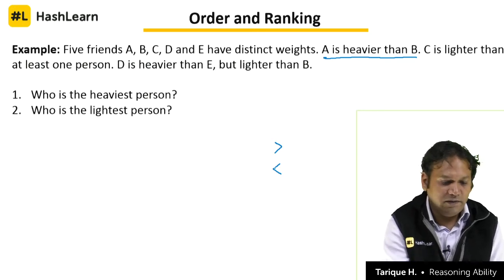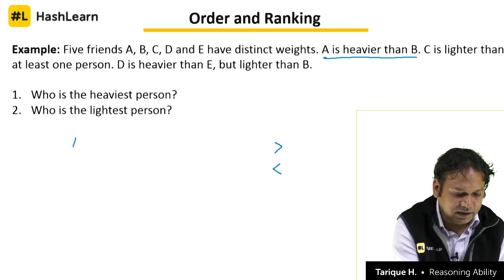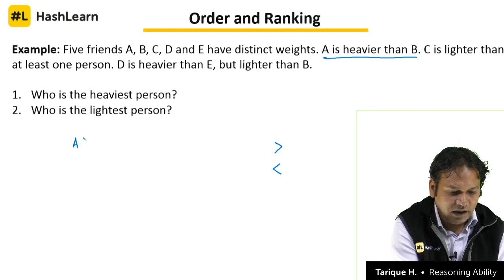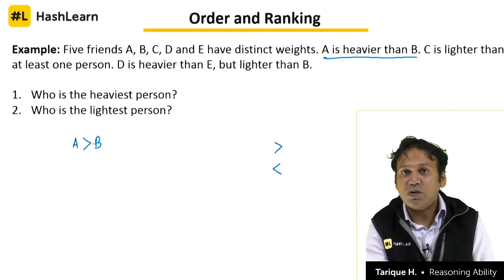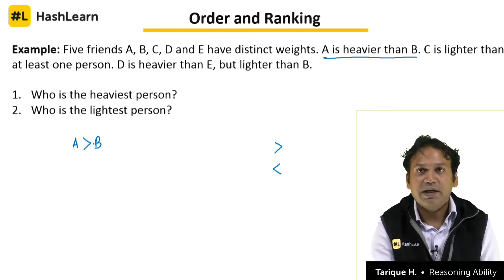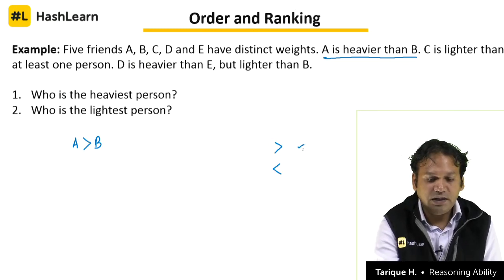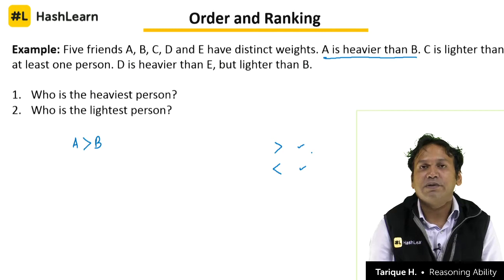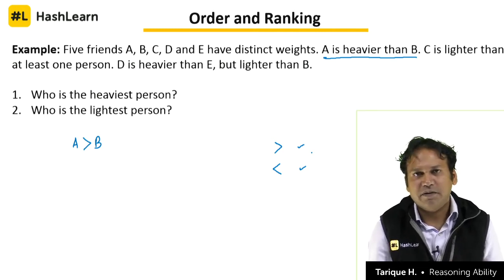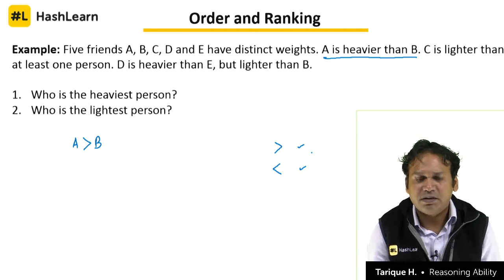So A is heavier than B, we can represent it like this: A > B. In most of these questions that we will be discussing today, these are the two inequalities that I will be using for comparing people with respect to different parameters, their weight, height, marks, anything.